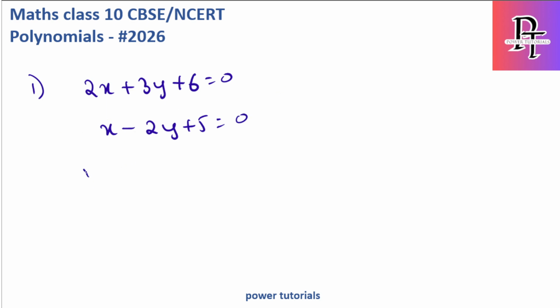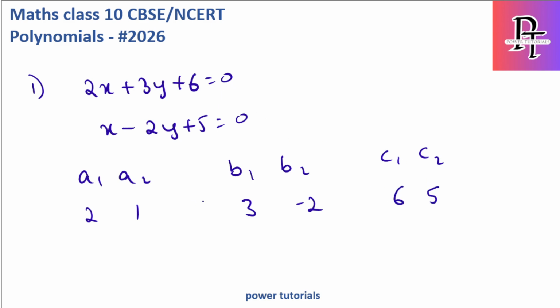We will find a1, a2, b1, b2 and c1, c2 values. a1 is 2 because it is the coefficient of x in the first equation. a2 is the coefficient of x in the second equation, which is 1. b1 is 3, b2 is minus 2, c1 is 6, c2 is 5. So we got all the values.